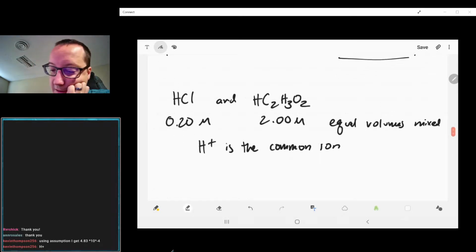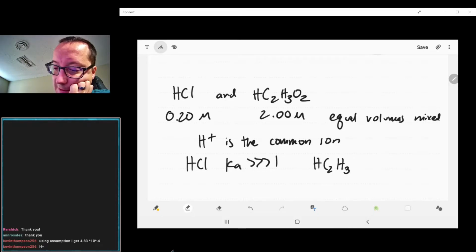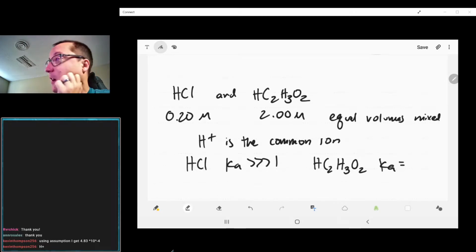So we know that HCl has a Ka that is much, much, much greater than 1, so we can kind of ignore that one again. But we know that this one definitely does not have a Ka like that. We can look its Ka up. It's going to be 1.76 times 10 to the negative 5. All right, so we know that the equilibrium we're working with here is our acetic acid equilibrium.